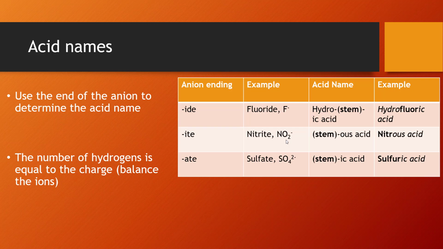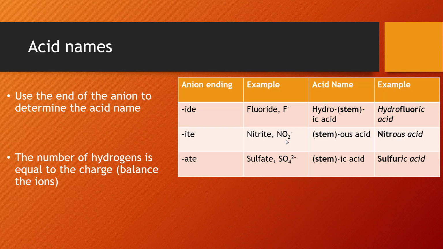What about ITE, like nitrite, NO2-? Then you're going to take the nitr stem and add OUS, so nitrous acid. You're going to find nitric acid more often, which is, of course, the ATE ending. So nitrate, or in this case, sulfate, you're going to put the IC ending, so sulfuric acid. And if you're savvy, you might recognize, wait, isn't this like the ferrous and ferric, or stannous and stannic ions?